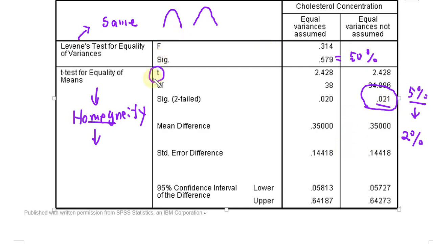Once you write up your testing result at the real exam, you have to interpret these two values: the Levene's significance and the T-test significance. Understand this one? This is a very important point. You have an answer sheet for your exam. If you do not mention this, your answer is not accepted.